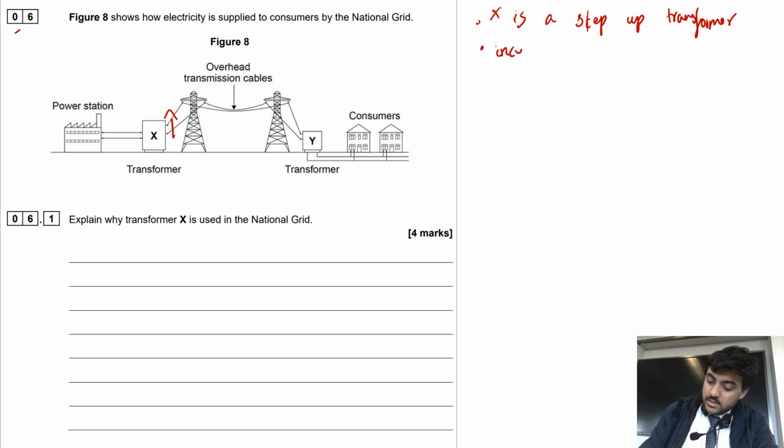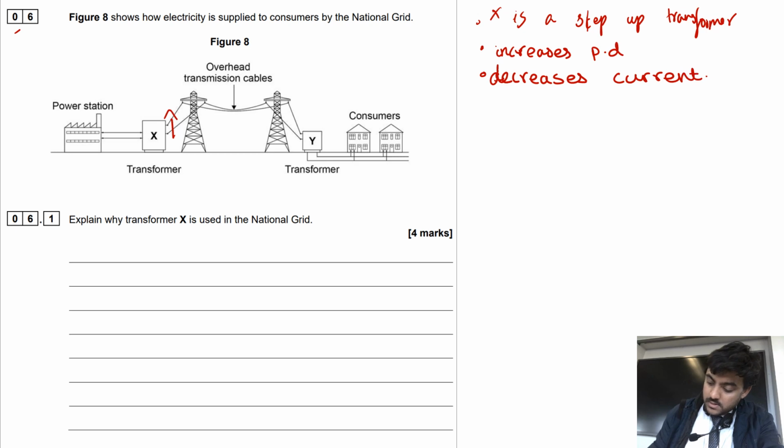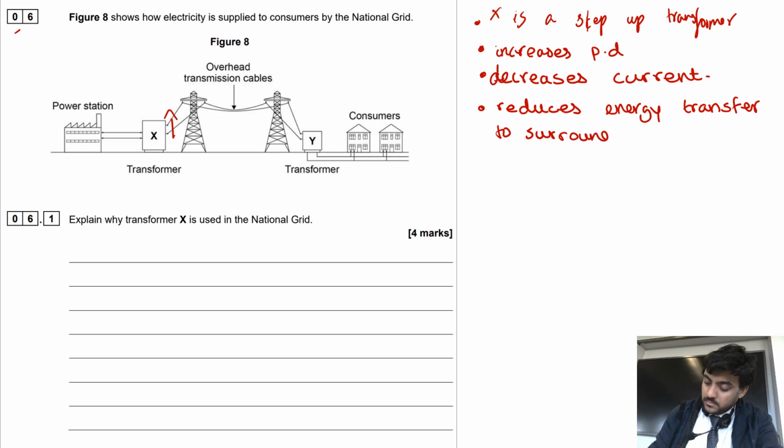And it increases potential difference, decreases current, and if current is low, reduces energy transfer to surroundings, and if there's less energy transferred to the surroundings, it improves efficiency.